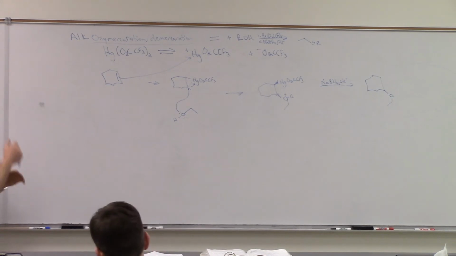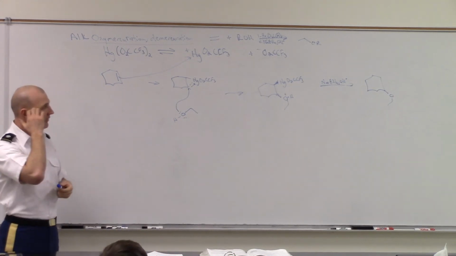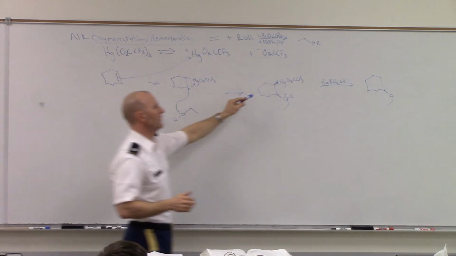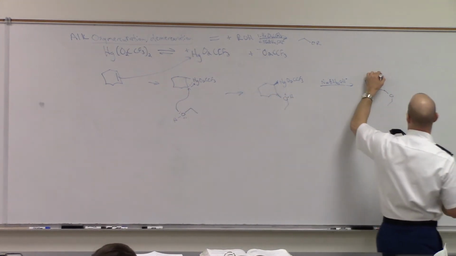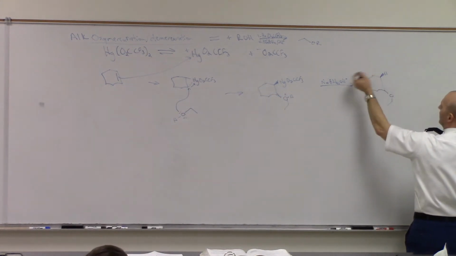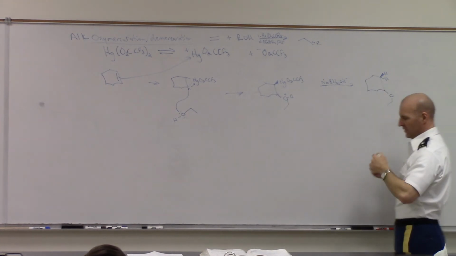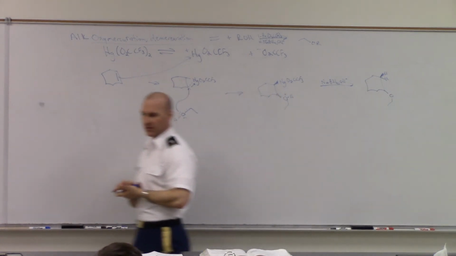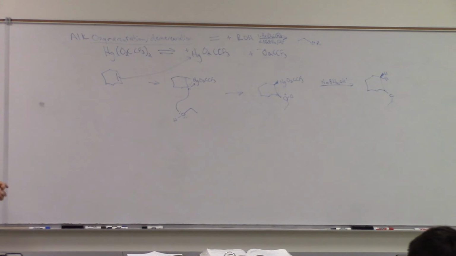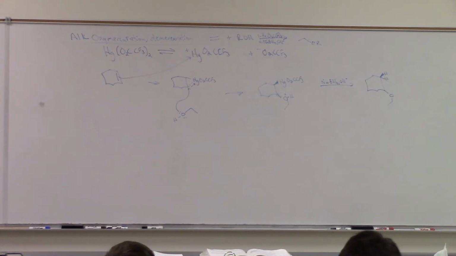So they're going to be different stereochemistry. But the mercury is just going to come off as an H, and you already have an H on there, so that won't make too much of a difference. Okay, so that's the alkoxymercuration, demercuration.